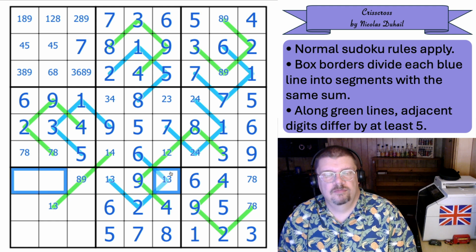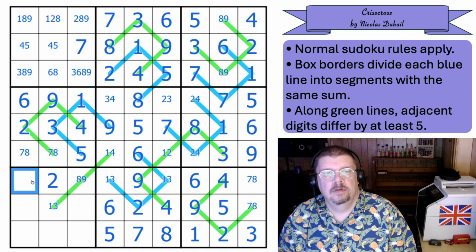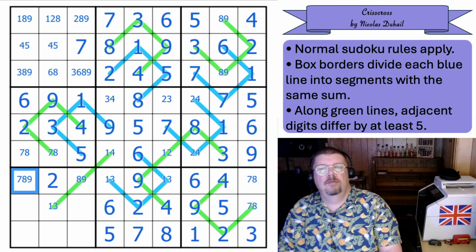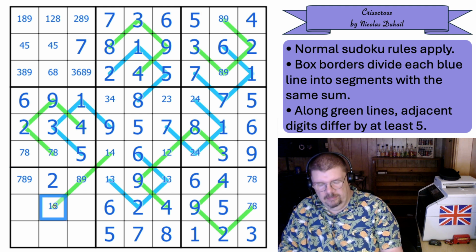I need a 2 in this row, which goes here. That makes this 7, 8, or 9 to complete the row. This 3 is looking down. That's a 1.